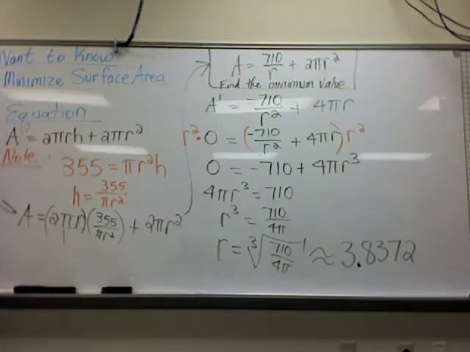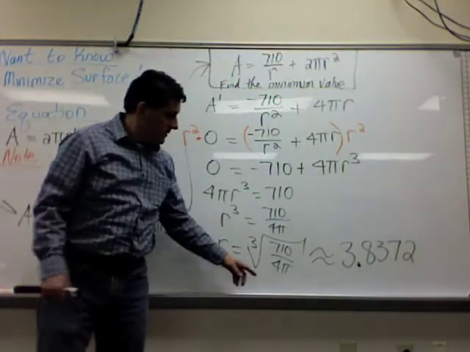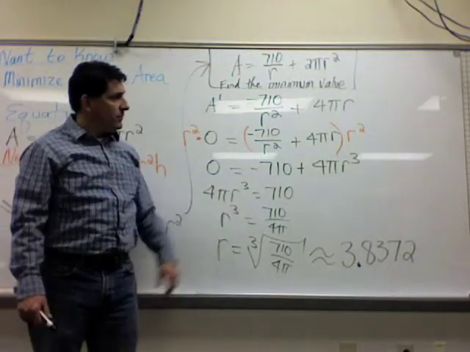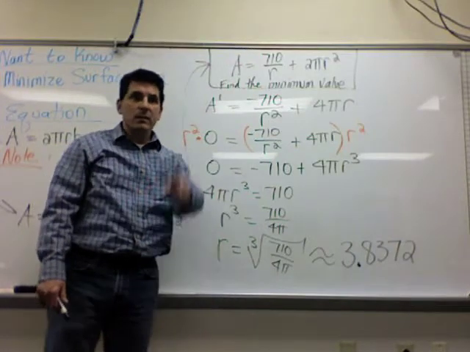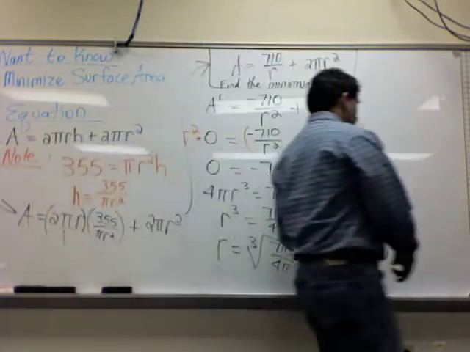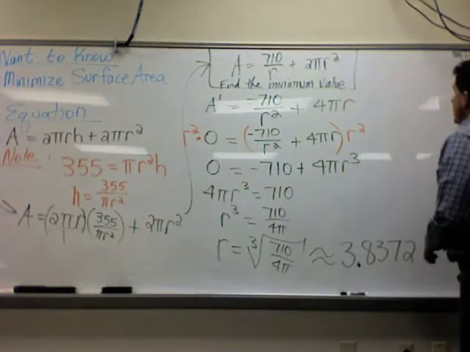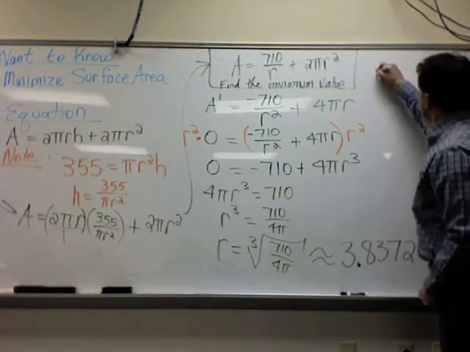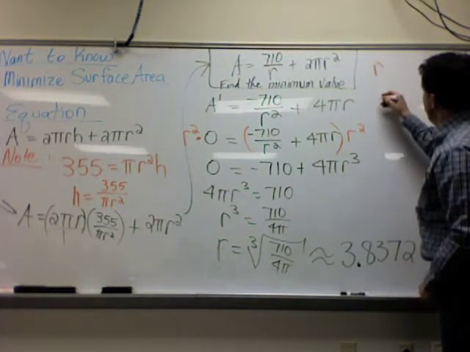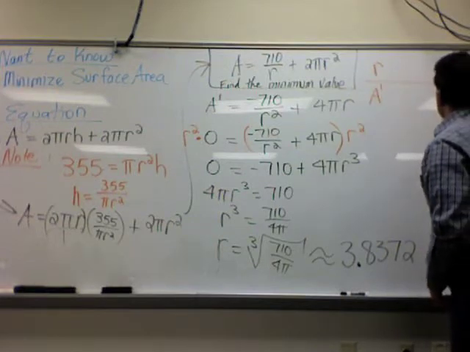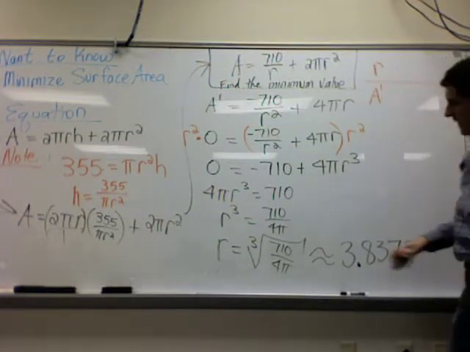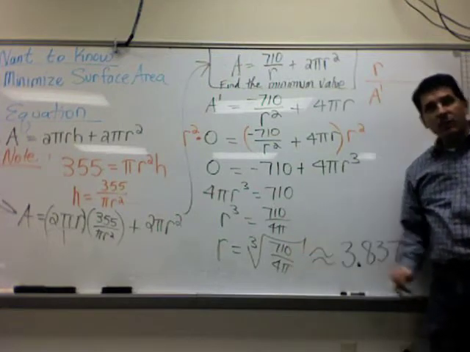So, let's move on. All right, what am I going to do with that? Go to the table. So we're going to make our table. Here we go. We have R and we have A prime. Now, by the way, this is a critical number here. What's also a critical number?